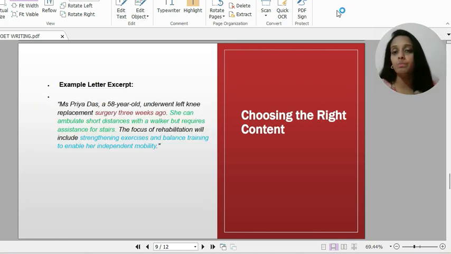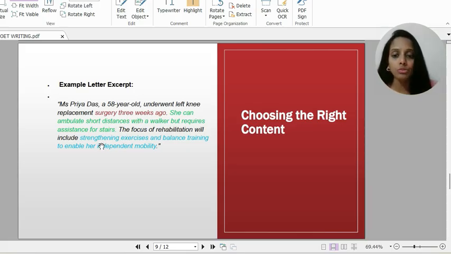In the case of Ms. Priyadas, a patient who recently underwent knee replacement surgery, it clearly states she can ambulate short distances with a walker but requires assistance for stairs. So this shows the current mobility status of the patient, right? It paints a picture of her functional abilities.